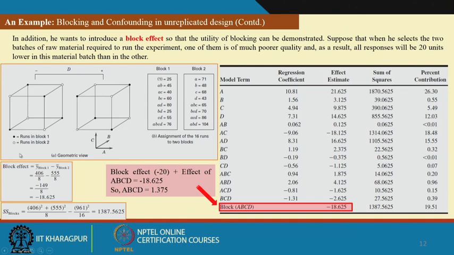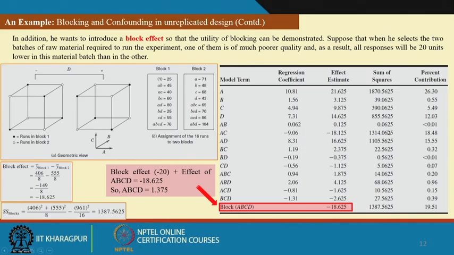For block, use this: find the block effect, which is confounded with the ABCD effect, and also find SS block using this formula. The formula is the sum of B_i squared divided by the number of observations in each block, minus y dot dot squared divided by the total number of observations. These are concepts we have already discussed.